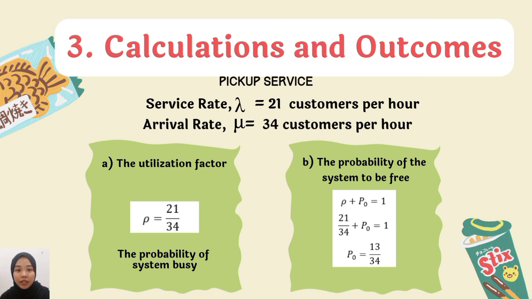Next, to find the probability of the system being free, the formula given is rho plus P naught equal to 1. We get the rho before, which is 21 over 34, substitute into the formula and we will get P naught equal to 13 over 34, which is the probability of the system being free.